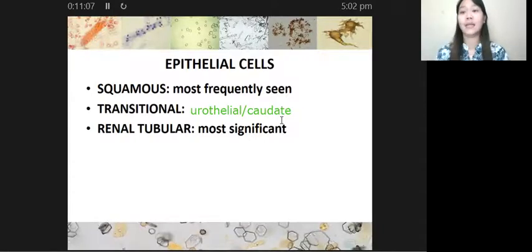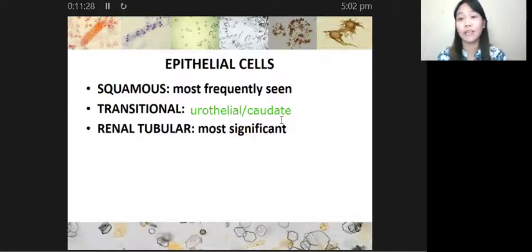Why? This is because of the origin of your renal tubular epithelial cell. From the name itself, renal tubular, it comes from the tubules of our nephron. So it is kidney in origin.